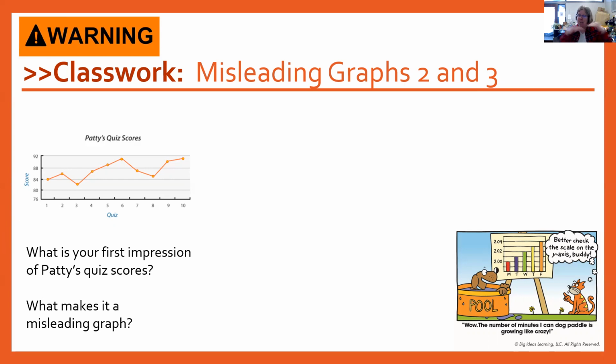So the lowest part of the graph is just a C, and the top part of the graph only goes to a 92%. So really what's going on is most of Patty's grades are in the B's. Sometimes she gets up into that A range, down into the B's, back into the A range. So really Patty's doing a pretty good job overall as a student, and her quiz scores should hopefully make her pretty happy.